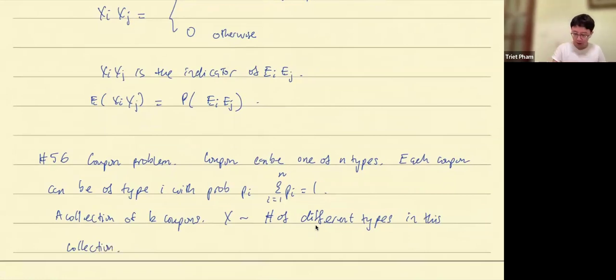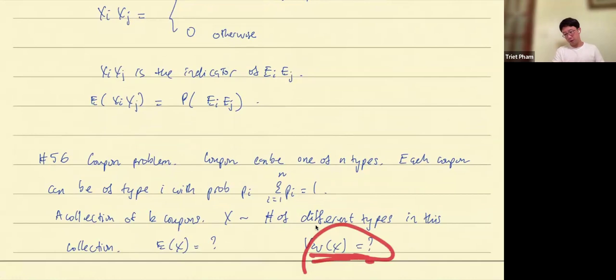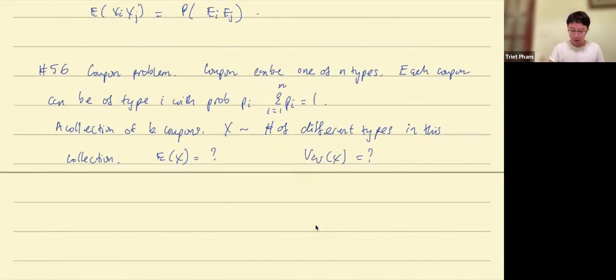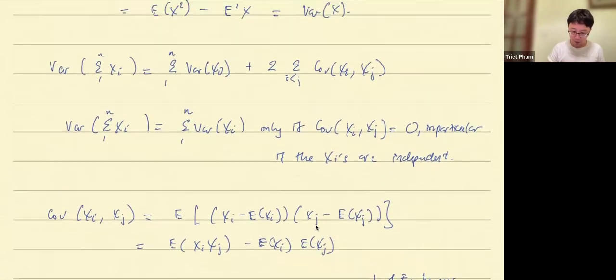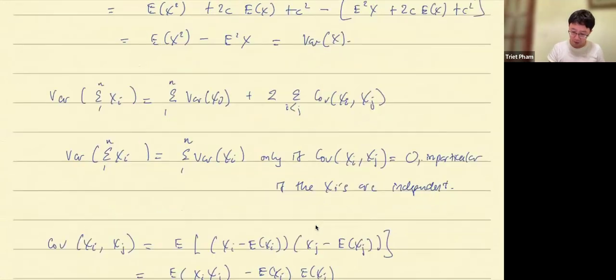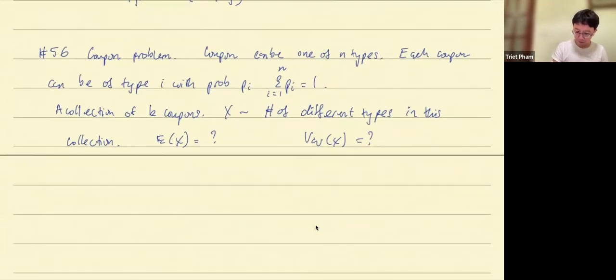And you're interested in the expectation and the variance. So, of course, the question to be discussed here is variance. Expectation should be easy, but let's make sure that we know how to do the easy problem too. So this is quiz 5. Find the expectation of X.